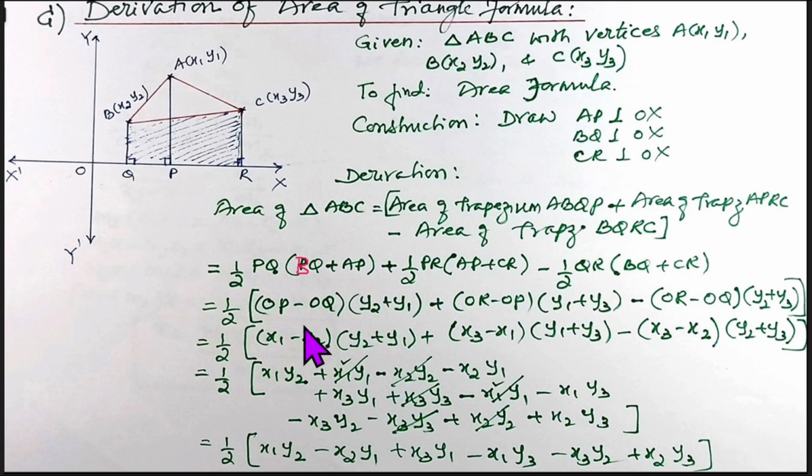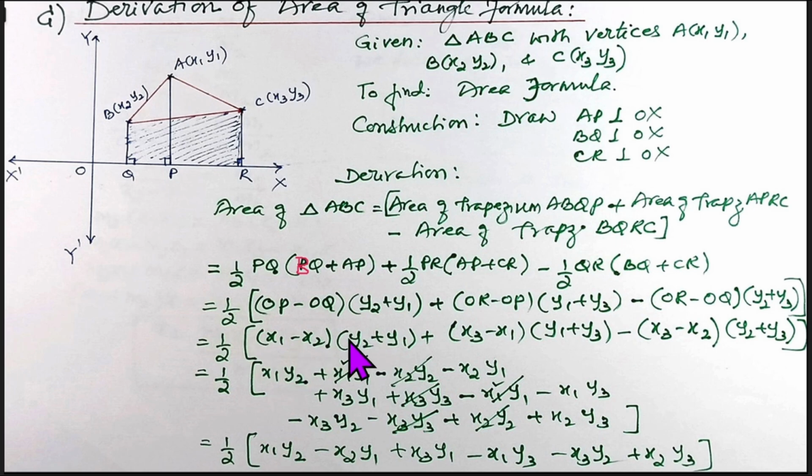Now OP is the x1 coordinate, OQ is the x2 coordinate, so I have replaced OP and OQ by x1 and x2. And the next we have y2 plus y1 as it is. Similarly OR is x3 and OP is x1, and y1 plus y3 as it is, and OR is x3, OQ is x2, x3 minus x2 in the bracket, y2 plus y3.